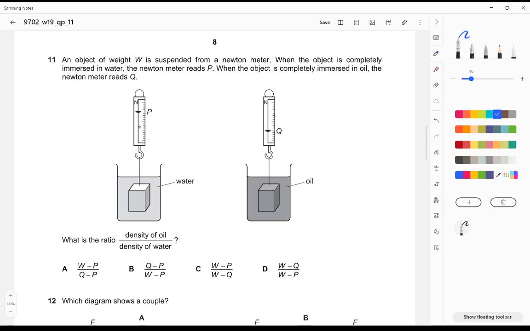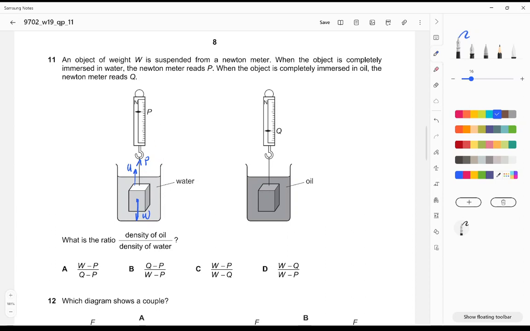Well, let's just look at the first diagram. The tension is P, and there is always going to be an upthrust force, U, and there is going to be a weight, which is downward, W. We are assuming that they are in equilibrium.